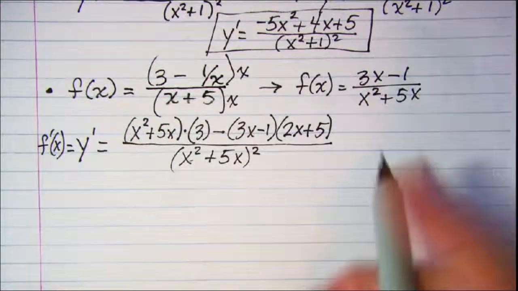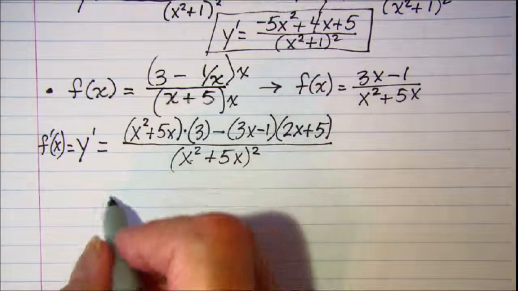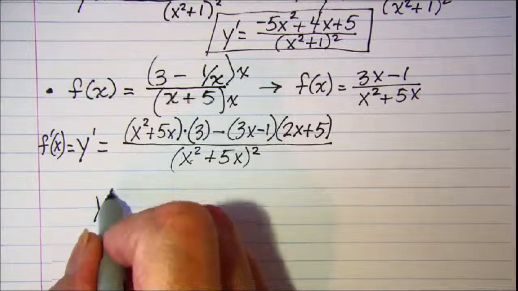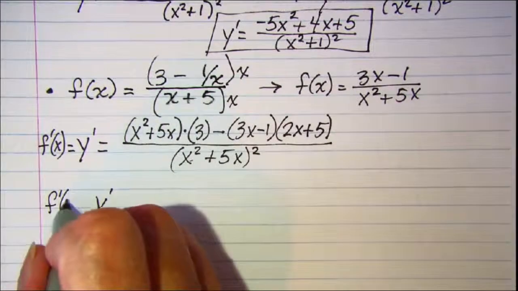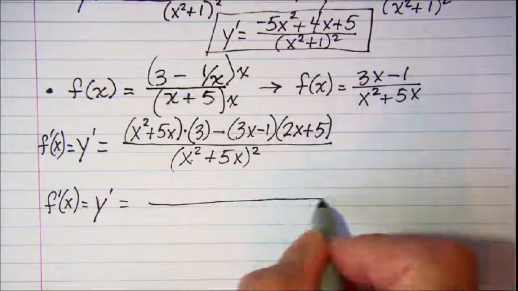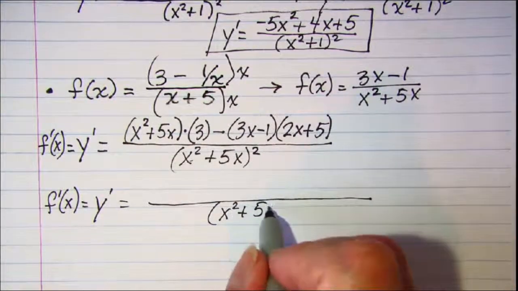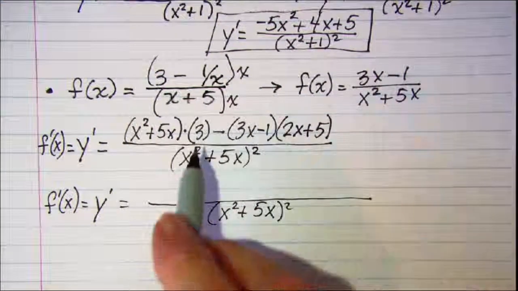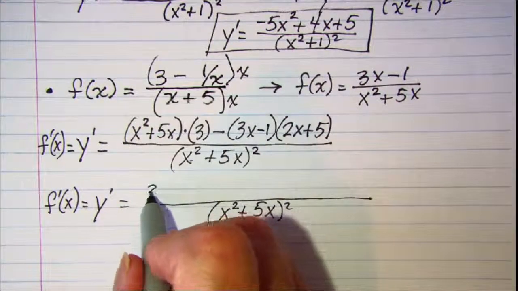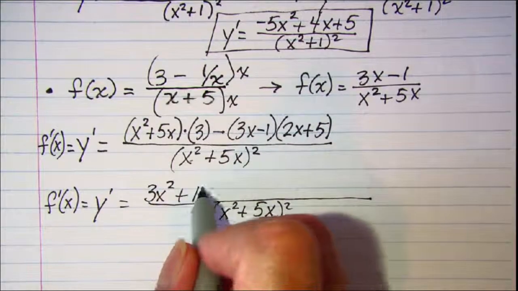I need to simplify this. I'll distribute this 3 through the binomial. So 3x squared plus 15x.